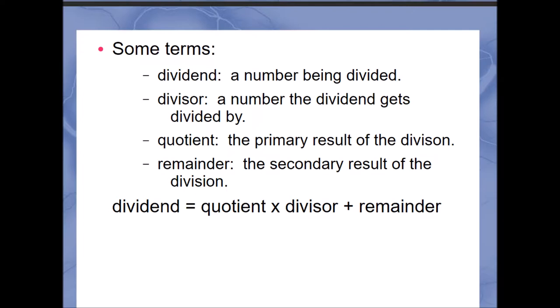The quotient is the primary result of the division, but don't forget we also have the remainder, which is the second result. So if I'm dividing 5 by 2, then the dividend is 5, the divisor is 2, the quotient will be 2, and the remainder will be 1.